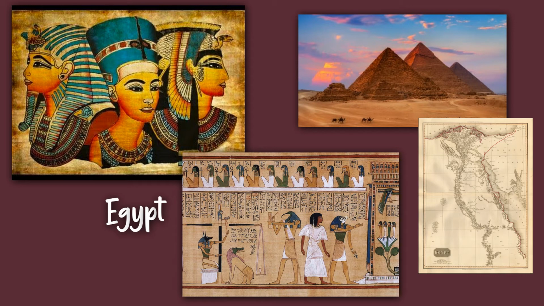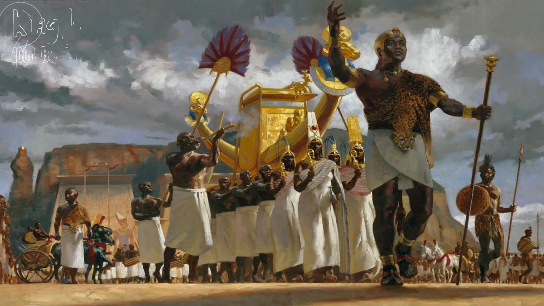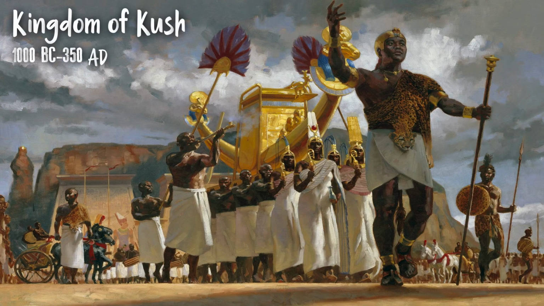And then south, along the Nile River Valley, we're going to see the development of another kingdom called the Kingdom of Kush. This is basically going to last from about 1000 BC to around 350 AD. Now, what's going to happen is that along the East African coast, there will be significant trading posts that will be established. These will be small, like city-states, but they're going to be quite wealthy.